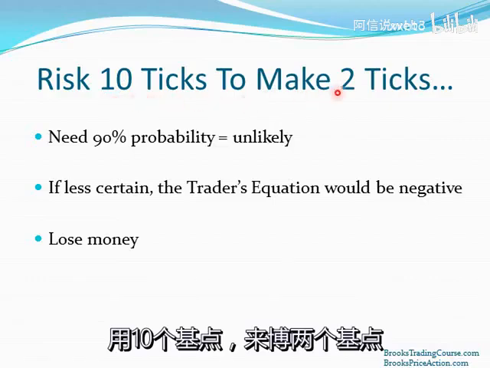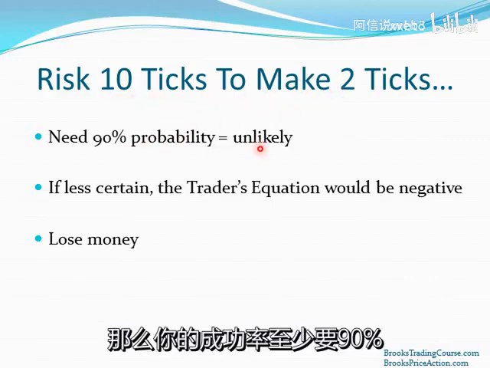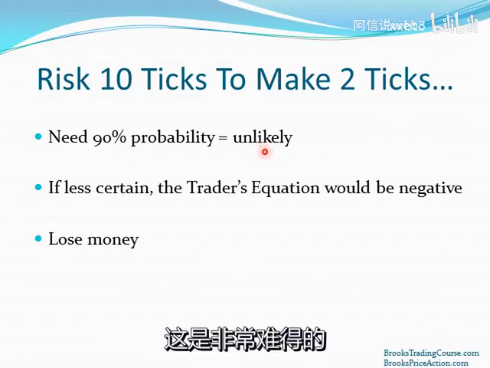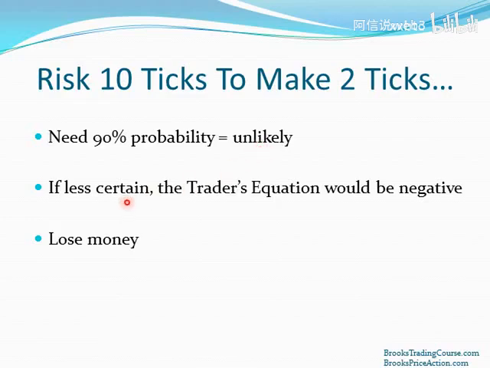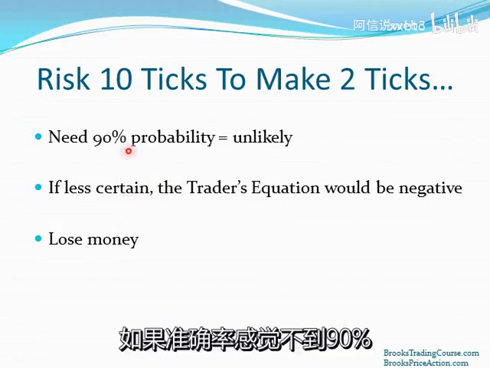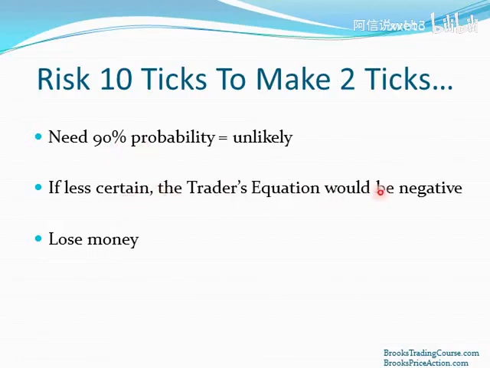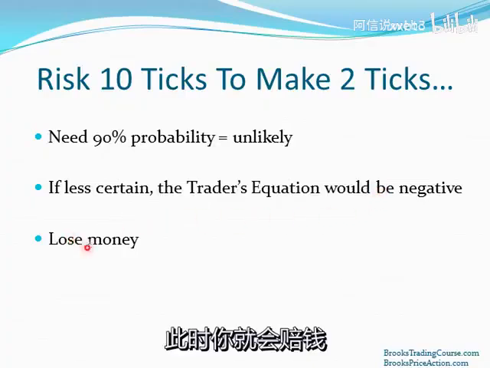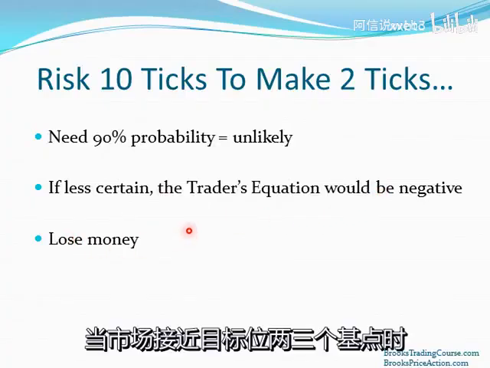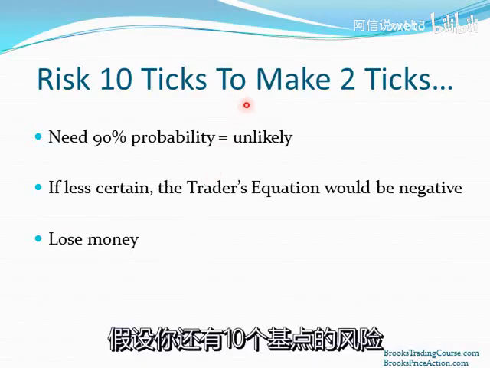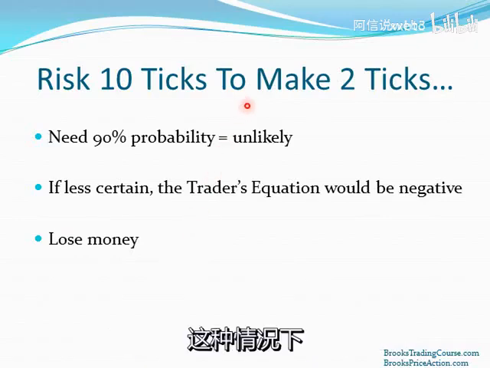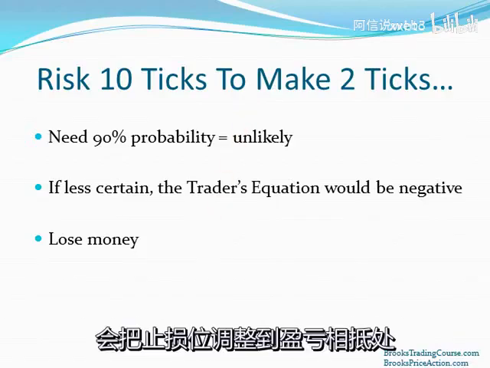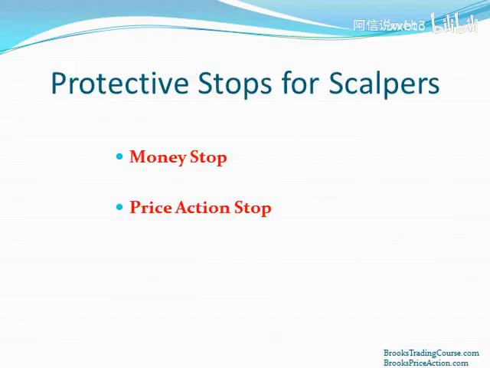So to risk 10 ticks to make 2 ticks, you have to be 90% certain of it happening, which in general is unlikely. And if you're less certain than 90%, the trader's equation would be negative and you'd lose money. So once the market gets within 2 or 3 ticks of the target, let's say you're risking 10 ticks, if the market comes to within 2 ticks of the target, most traders would start thinking about moving their protective stop to break even.